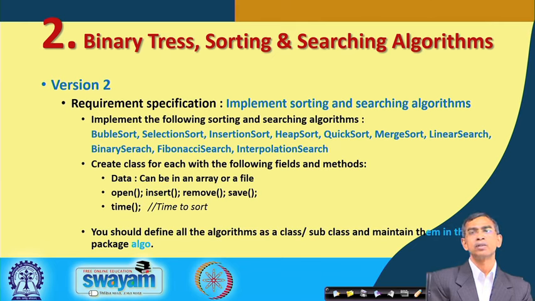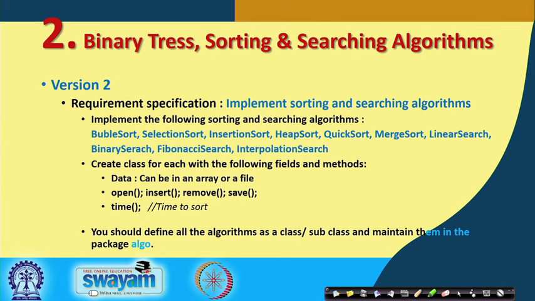All those methods you can implement for each sort technique. Another method is time, which is basically how much time a sorting algorithm requires to complete the sorting task or a searching task. So, the time also you can use as a method for a particular class, and all the implementation under this category can be put into the package algo.